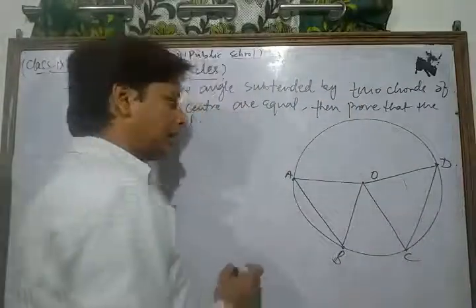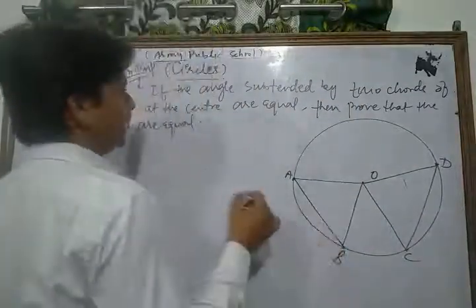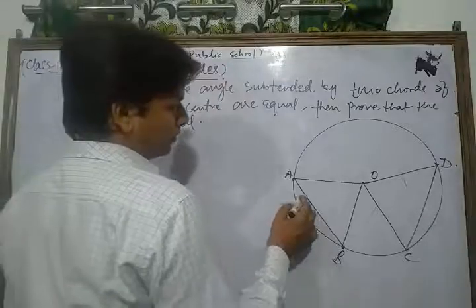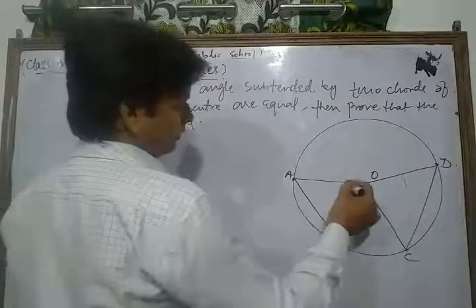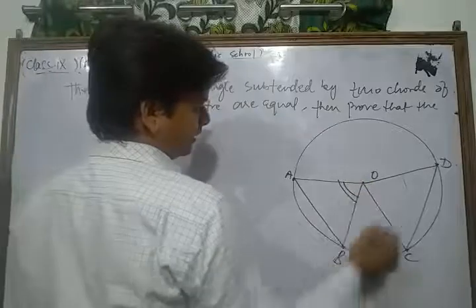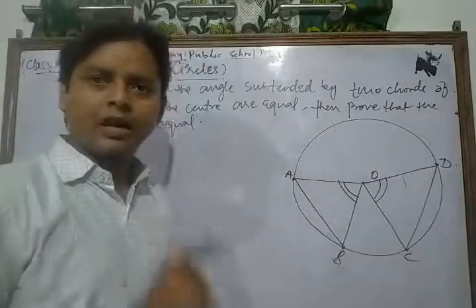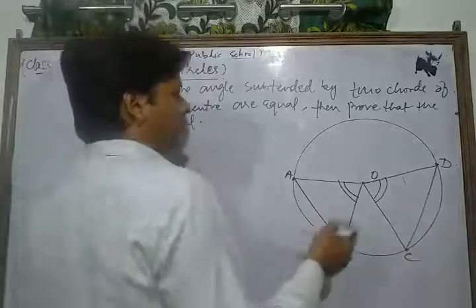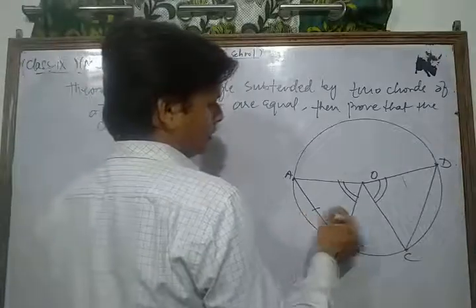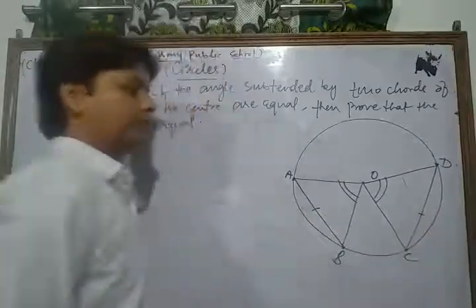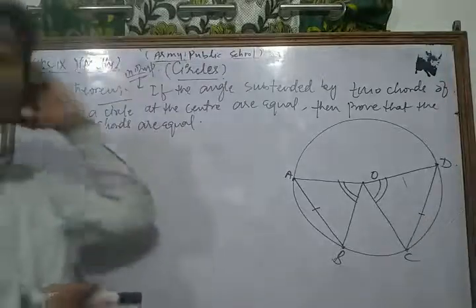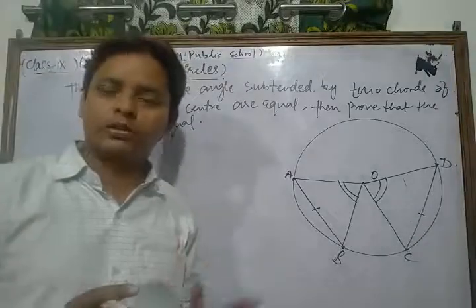And it is already given that the angle subtended by two chords of a circle at the center, means angle AOB is same as angle COD, and we have to show that the chords are equal, means we have to show AB is equal to CD. This is the theorem. This is very important.